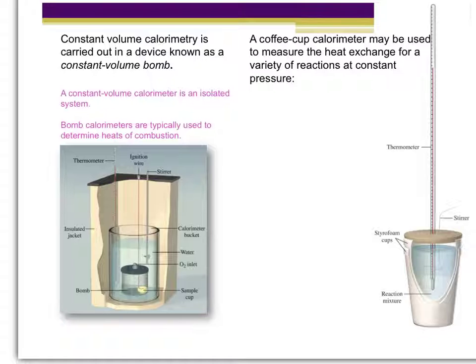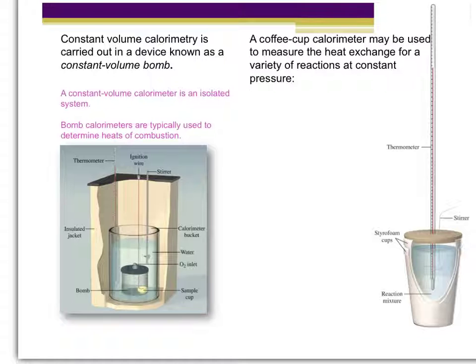As we talked about earlier when we started talking about processes that are measured under either constant pressure or constant volume, we know that there are a different set of conditions that separate constant volume measurements from constant pressure measurements. When we have a constant volume measurement, the volume is not allowed to change and therefore is constant volume.